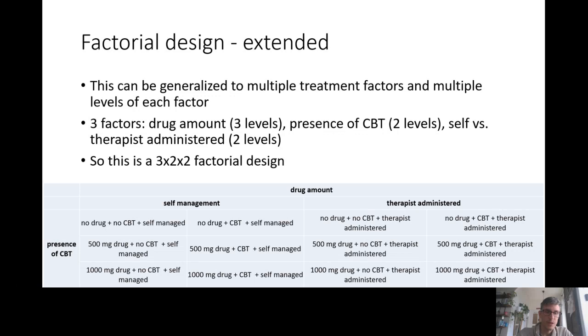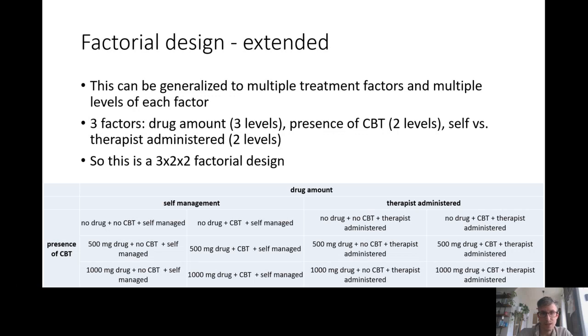Okay, so the course generalizes this method to multiple factors, not just two factors, but multiple factors, and for multiple levels as well. So in the example that you can see on this slide, we have 3 factors with different levels.